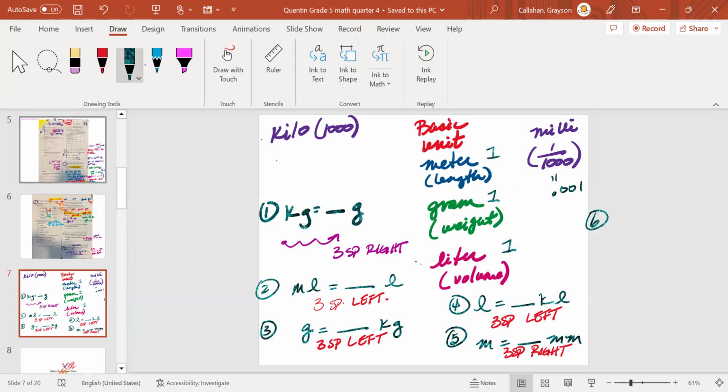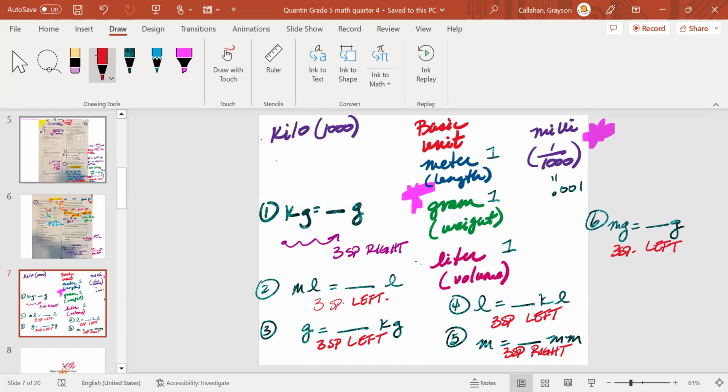All right, let's try again. Milligram equals how many grams? Where's milligram? Right here. Where is gram? What color is gram? Right here. So which direction are you going to go? How many spaces?